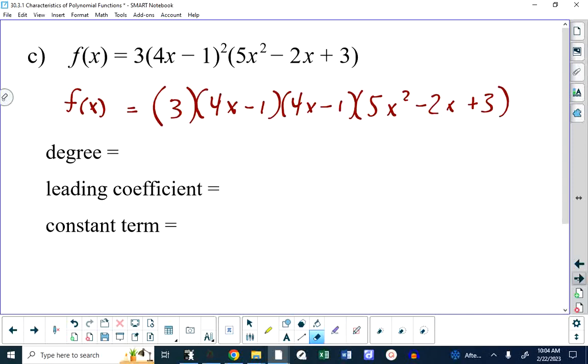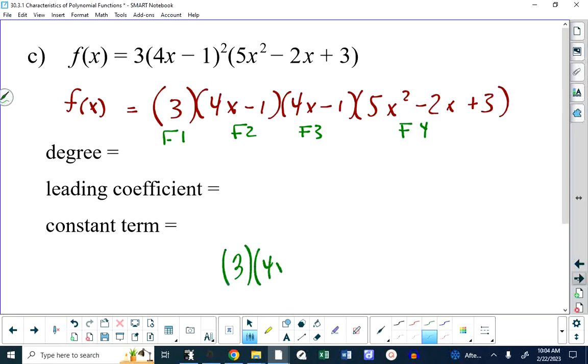So when I look at factor 1, what is the highest degree term of that factor? 3. When I look at factor 2, the highest degree term in factor 2 is 4x. The highest degree term in factor 3 is 4x. The highest degree term in factor 4 is 5x squared.